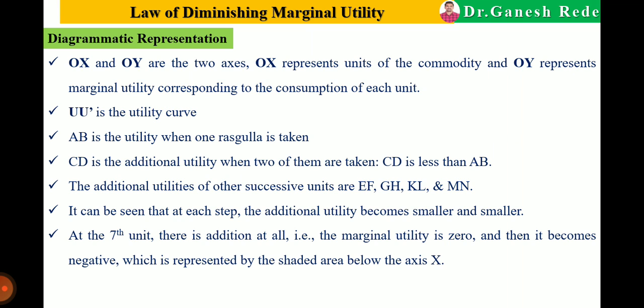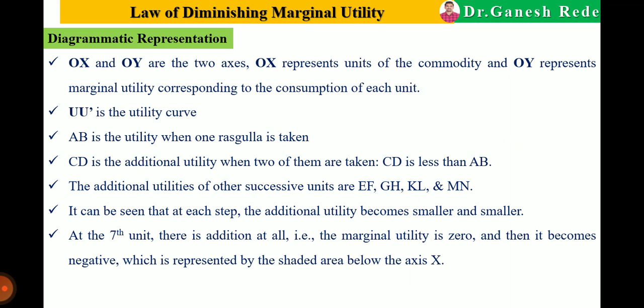On OX and OY are the two axes. We have taken the commodities on the OX axis, and the marginal utility on the OY axis. U dash is the utility curve. AB is the utility from the first rasgulla, CD is the additional utility from the second.